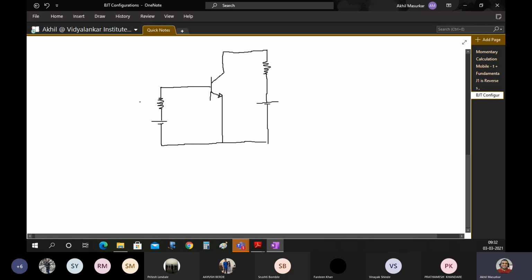And let's call this RB and RC because they are connected at base and collector.